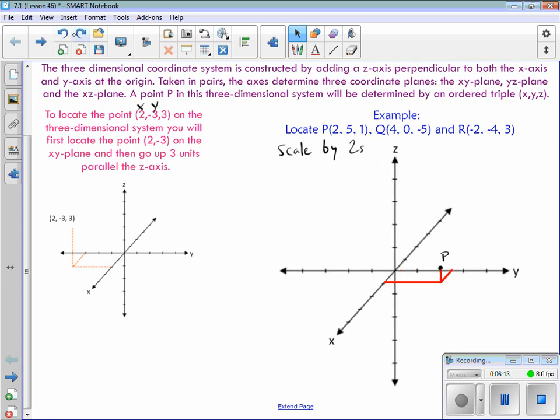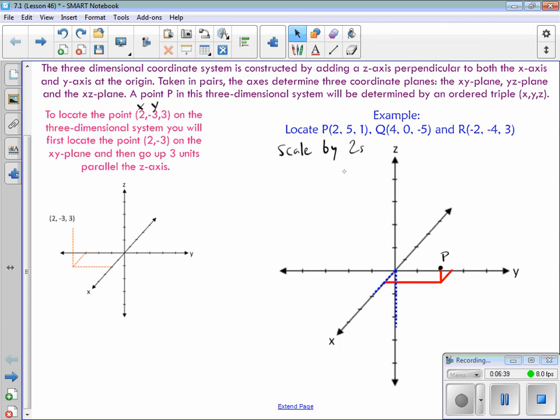Okay, so coming out towards us 4, and then we go to the right or left, how many? None, right? Because it's 0. And then we're going, yeah, down 5. So 5 would be this much.